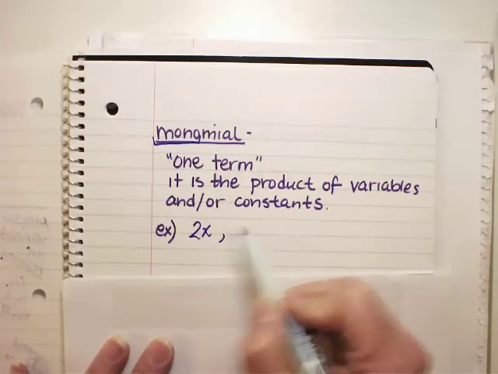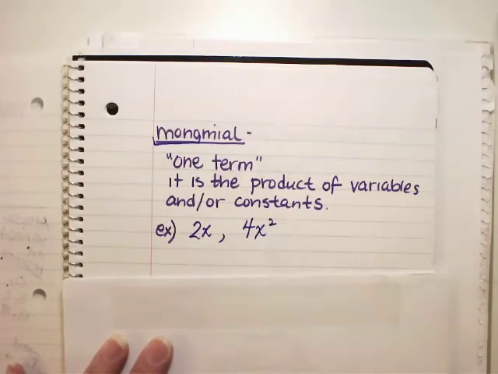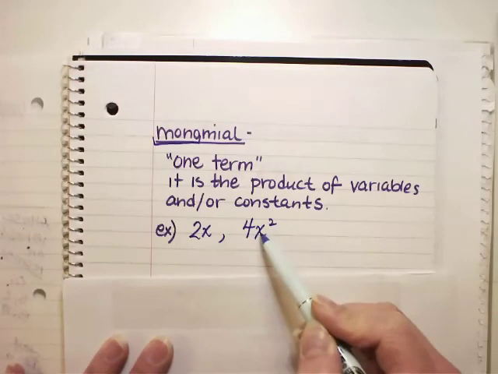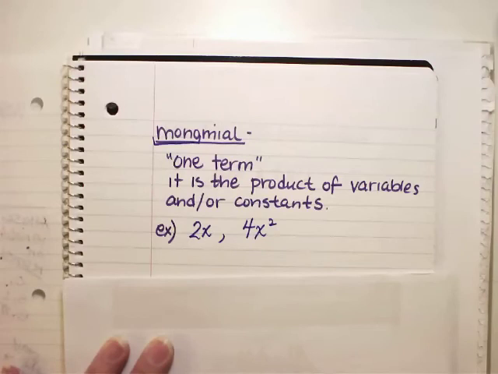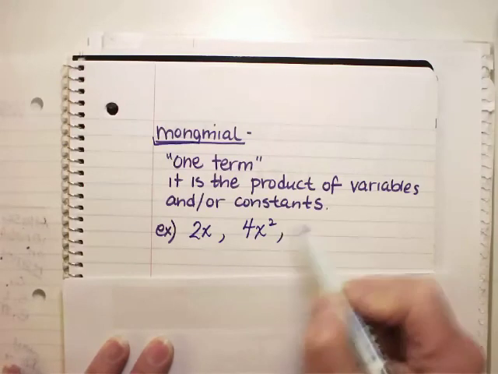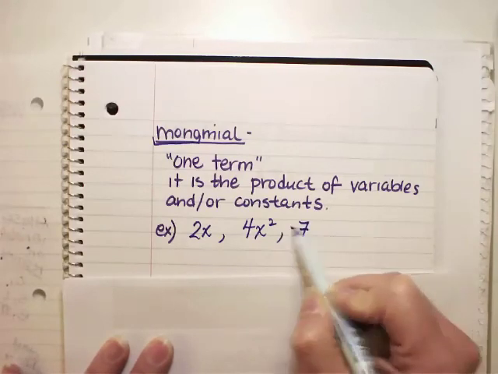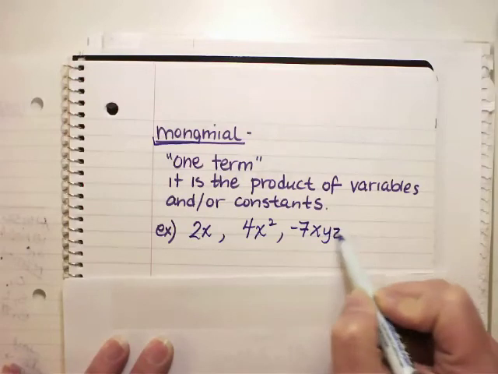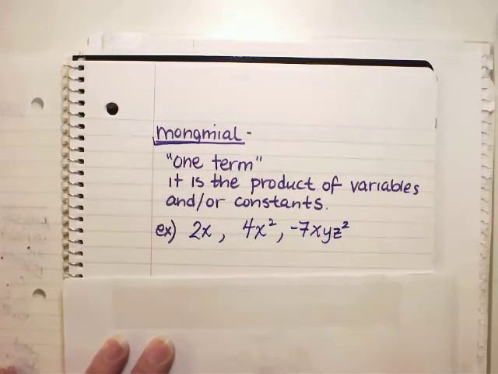Another example could be like 4x squared. x squared means it's x times x. So it's a product of variables and then multiplied by the constant 4. Okay? We could also do fancier things. Negative 7xyz squared. We can get fancy with that as long as they are all products. They are being multiplied.